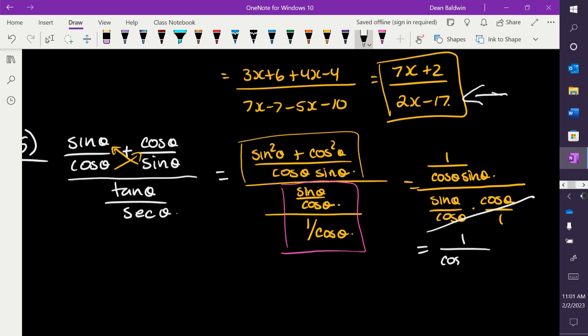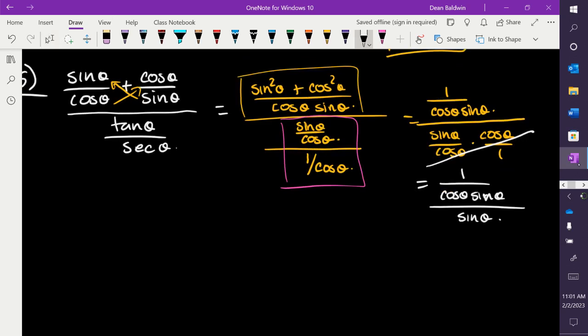So now you're left with 1 over cos theta, sine theta over sine theta. You could write the sine theta over 1 if that makes you feel better. Now what do you do with fractions? Flip and multiply. What's sine times sine?